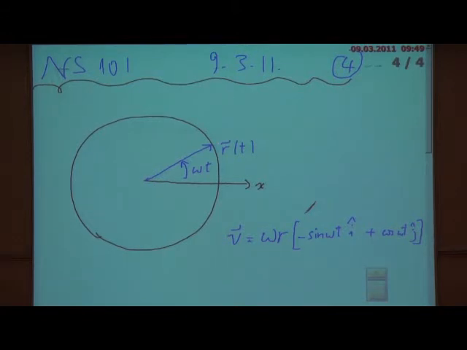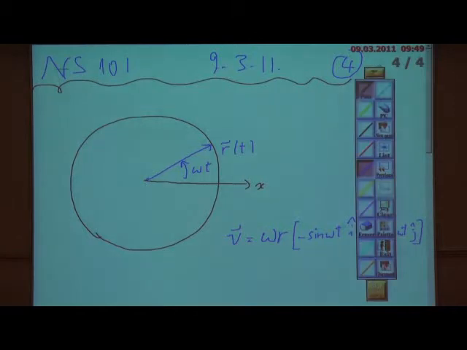If you make a picture and draw which angle is what, you will find that this is v. Here's your velocity vector. The length of the velocity vector, the speed, is omega r. The direction is tangent to the circle.